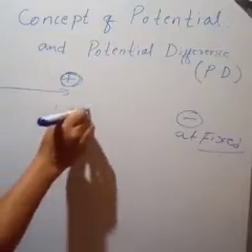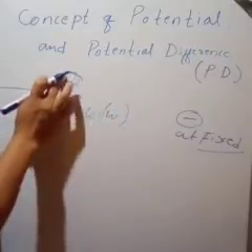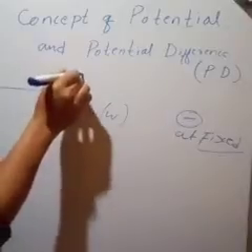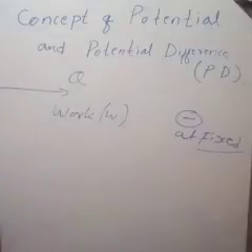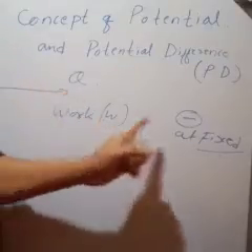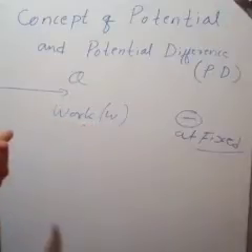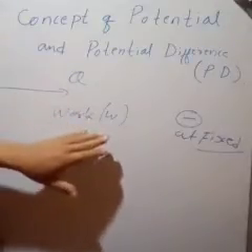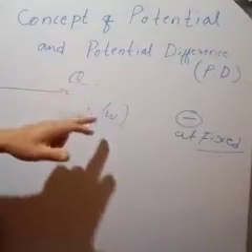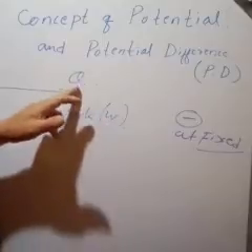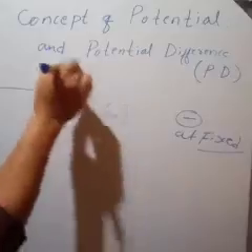How much work is done, W, if this charge is Q, capital letter Q. To bring this charge near this other fixed charge, it has done some amount of work, W. Now this amount of work per unit charge is known as potential, or how much energy or work it has consumed.